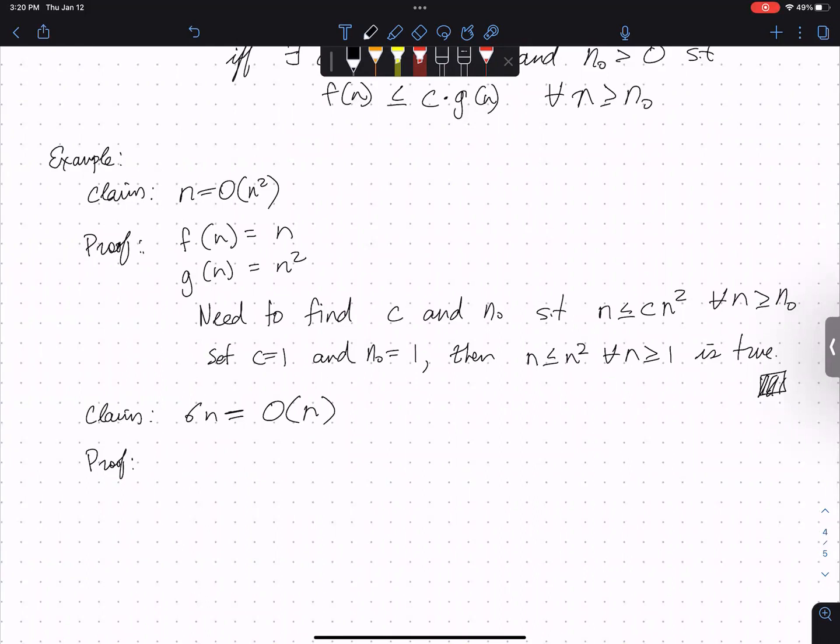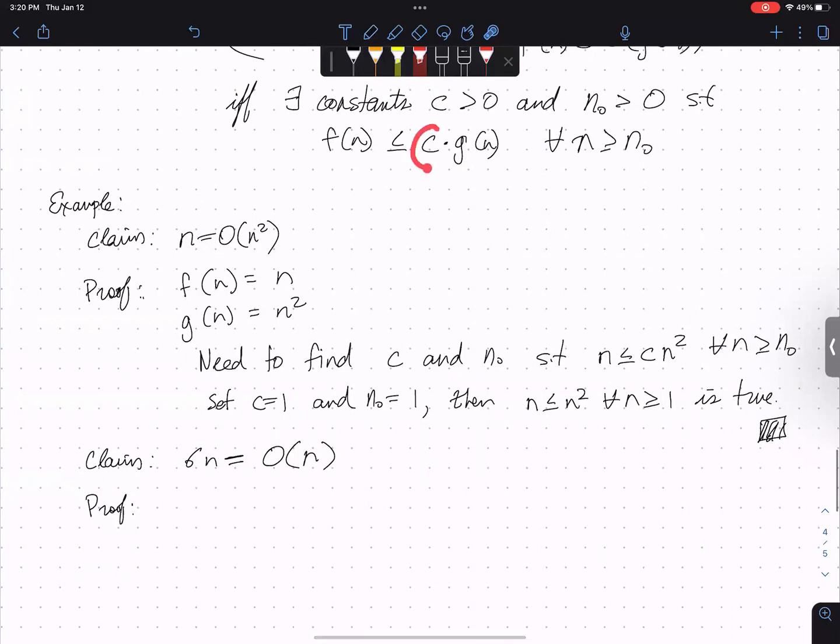Right, so here we're going to be using one of these differences. Particularly, in order to prove this, we're going to need to have this factor of c to scale the right side so it is bigger than 6n.